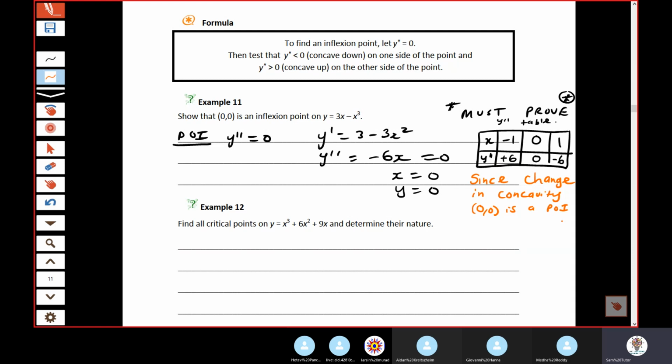Easy? All you have to remember is the y double dash table and that statement: since change in concavity, (0, 0) is a point of inflection. There's nothing else we're going to learn for today. That is it. We're just going to keep doing these over and over again.